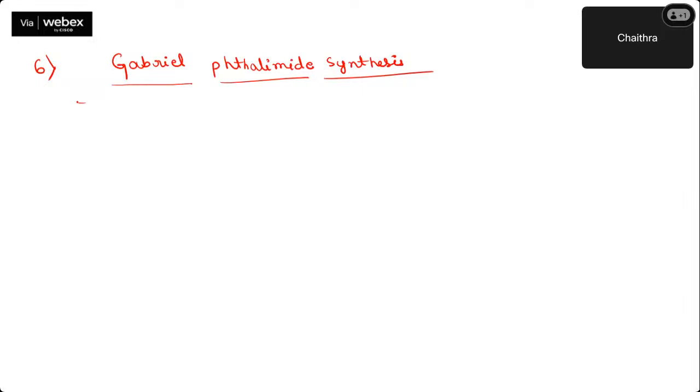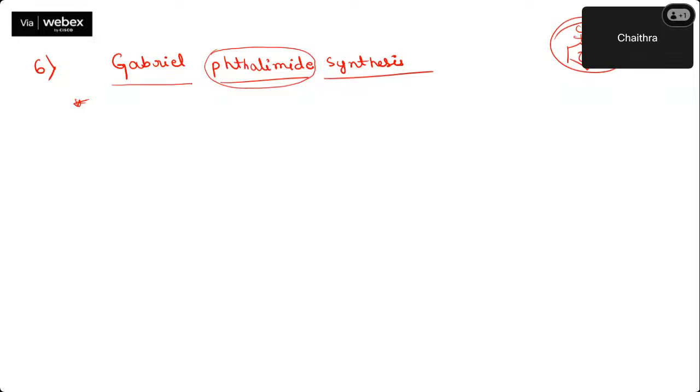So let me write the starting material. I hope if you have learned the nomenclature, you know a benzene ring directly attached to COOH is a monocarboxylic acid, right? So if you have one more carboxylic acid group, for example, if we take COOH at the ortho position, this is called phthalic acid, right?